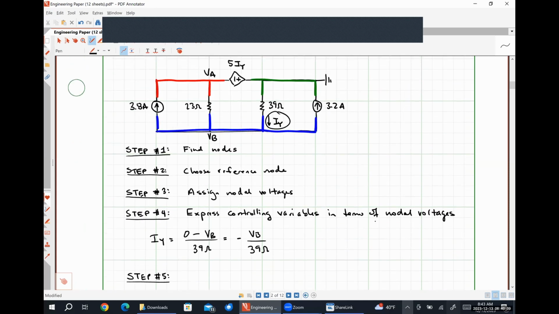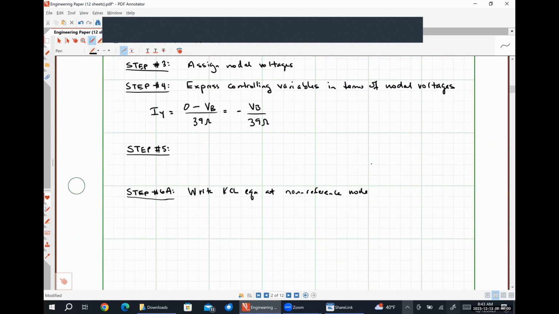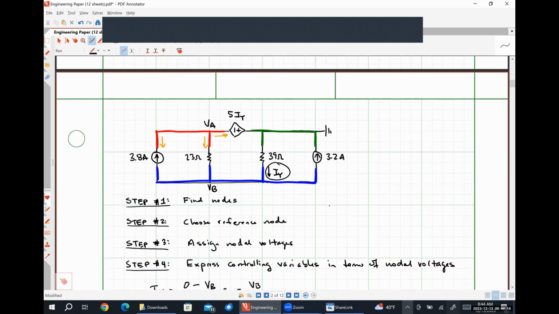So let's start at node A. So I have this current leaving node A, this current leaving node A, and this current leaving node A. So what's the current flowing down through the current source? Yep, negative 3.8 amps. What's the current flowing down through the 23 ohm resistor?